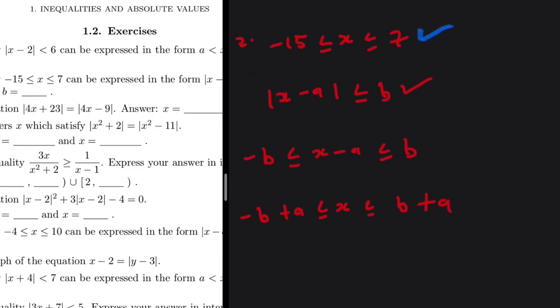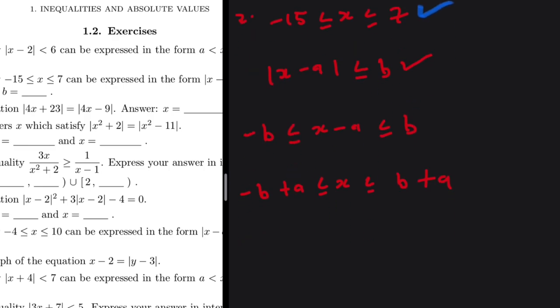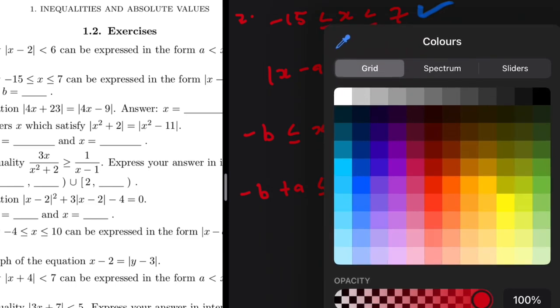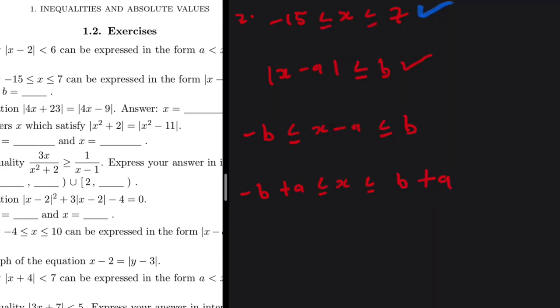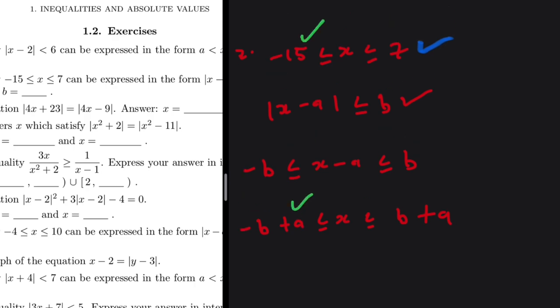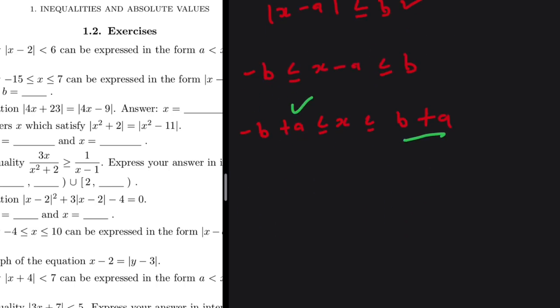But we know fully well that minus b plus a should be equal to minus 15. And then on the other hand, 7 must be equal to b plus a. That's what we have, right? So we are just equating minus 15 with minus b plus a, and 7 with b plus a.